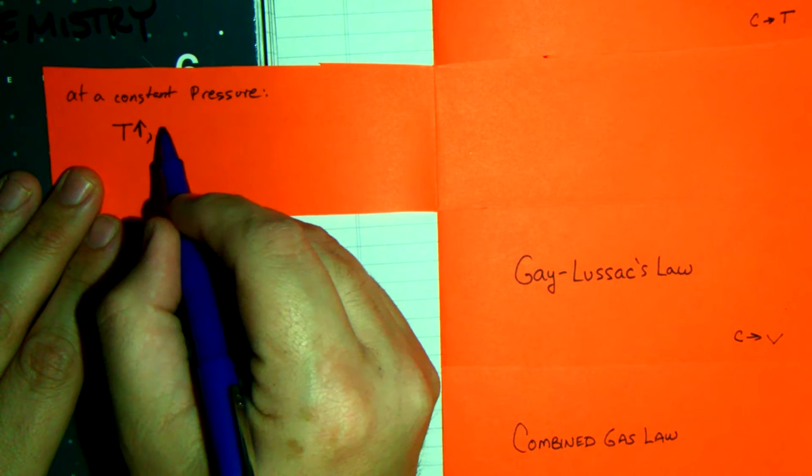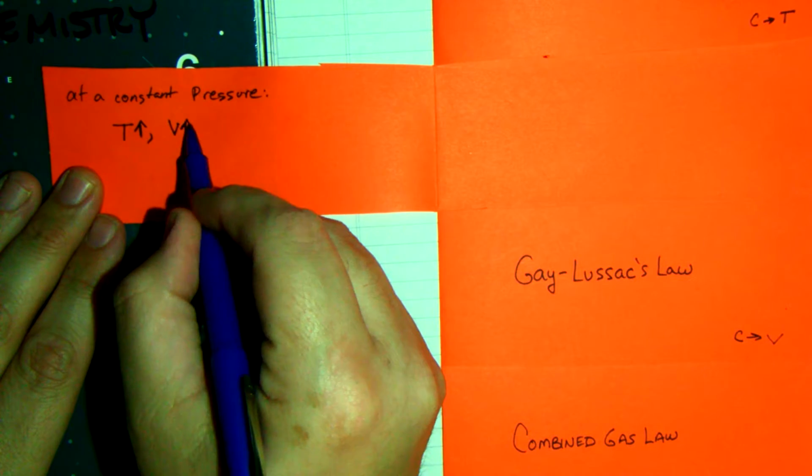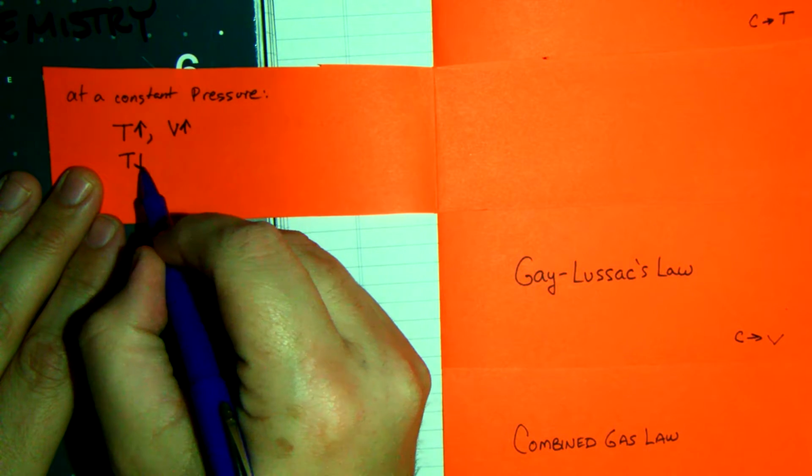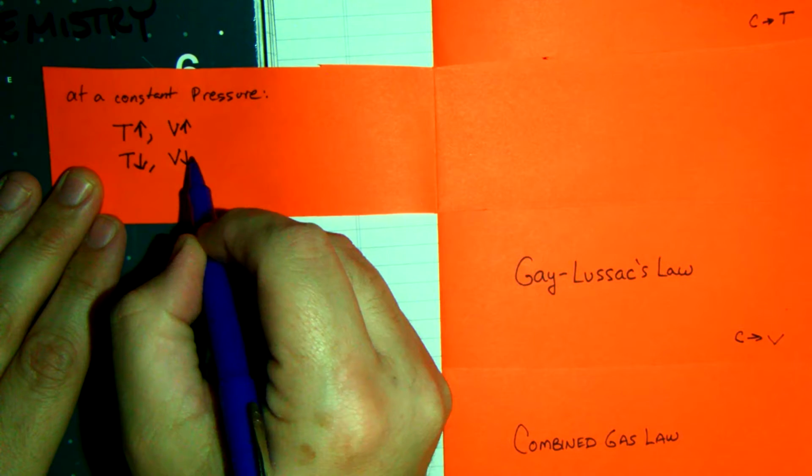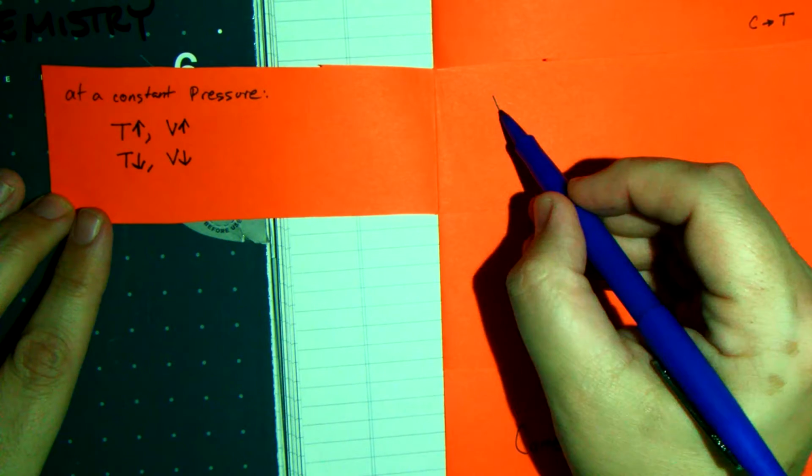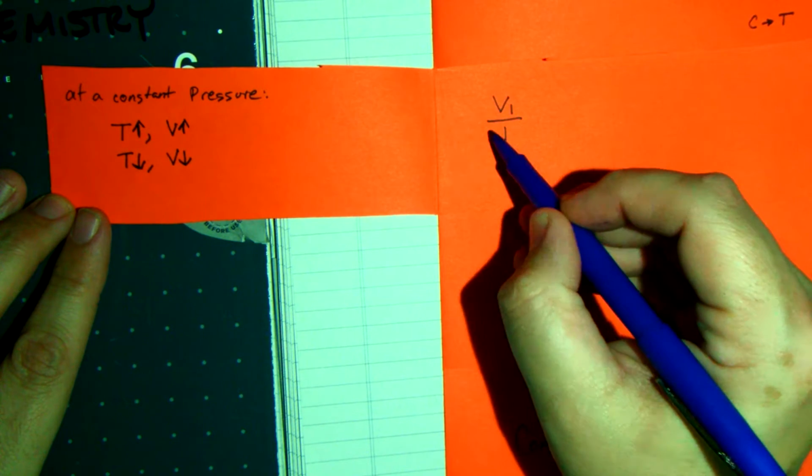Or as temperature decreases, volume decreases. Or volume decreases, temperature decreases. That's how it kind of comes up. And the equation is V1 divided by T1 is equal to V2 divided by T2.